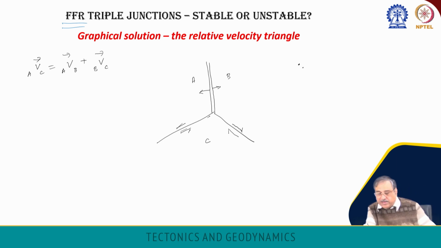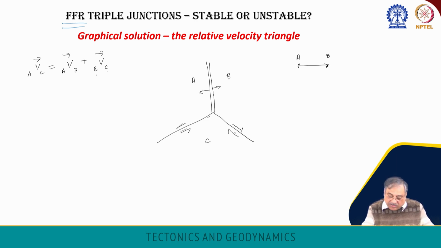So we have point A here. To an observer on point A, plate B appears to move this way with time. So this position represents the position of plate B to an observer on plate A. Now to this we have to see how plate C is moving to an observer on plate B. With respect to an observer on plate B, we know that it is moving northeastwards with time.